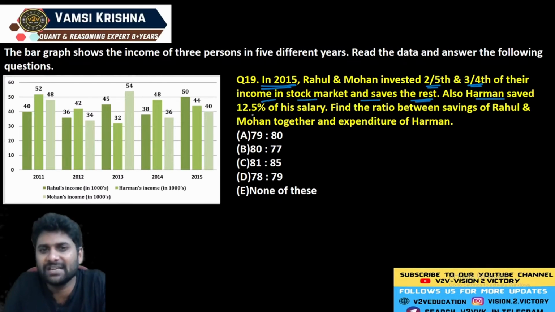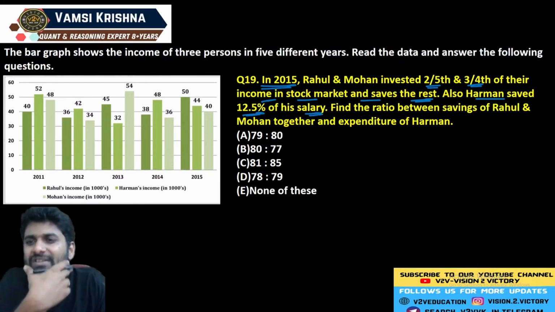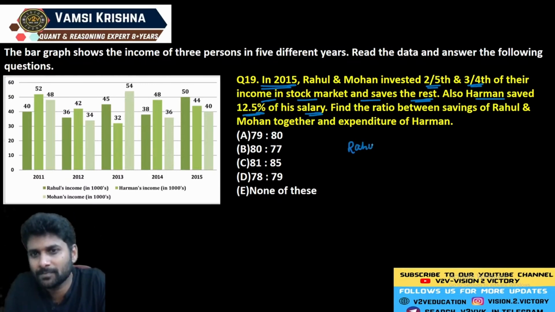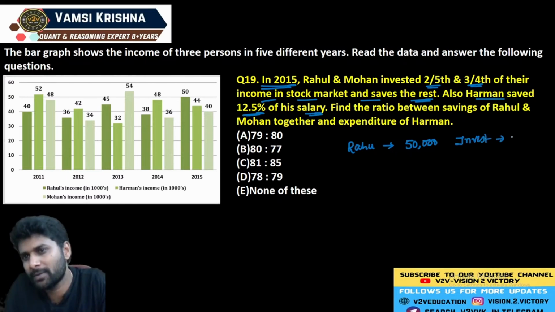Also Harman saves 12.5 percent of his salary. Find the ratio between savings of Rahul and Mohan together and expenditure of Harman. Take the 2015 data. What is Rahul's income? 50,000. So according to the data, what is the investment? 2 by 5 means 20,000 rupees is the investment.